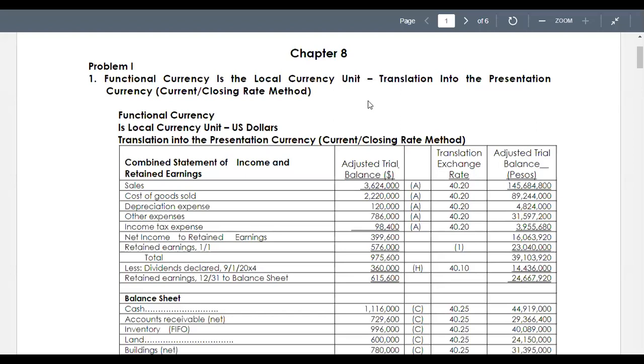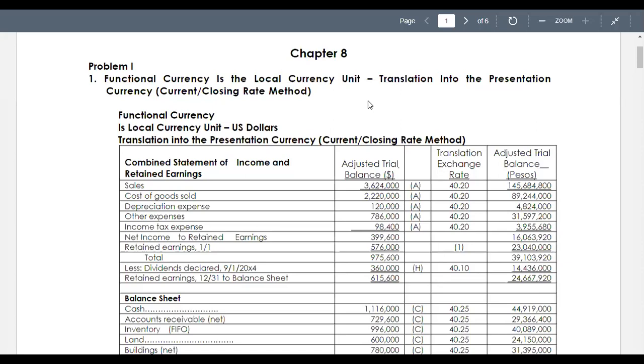Now, let's go to the remeasurement process. Of course, we have the measurement process in the case of the current rate method. That's the first method. The current rate method, I already mentioned the measurement rules or guidelines. Then we go to the guidelines for the remeasurement or the temporal method.